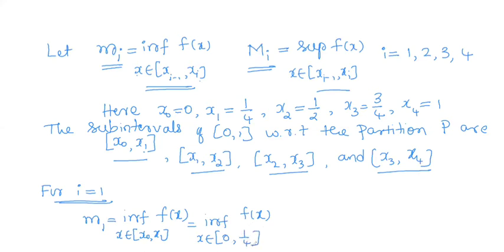And what is that? It is the infimum of all x square as x varies from 0 to 1 by 4. So what is the infimum of all the squares as x varies from 0 to 1 by 4? Infimum is nothing but the greatest lower bound, or for these values, the minimum value is 0. So the infimum of x square as x varies from 0 to 1 by 4 is 0. You can see this using the graph also.